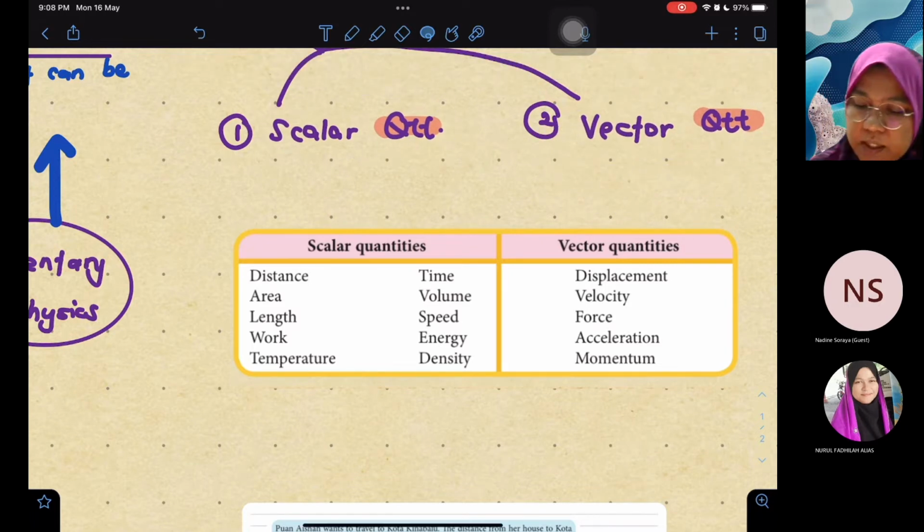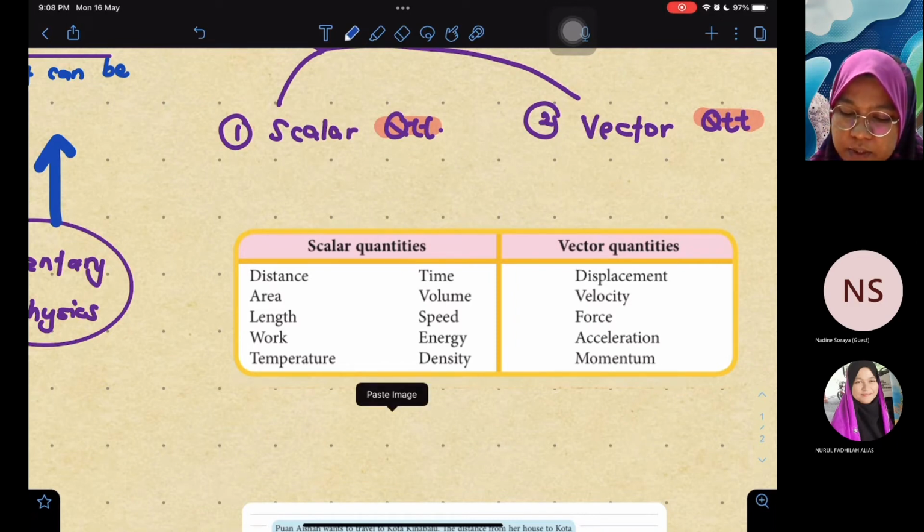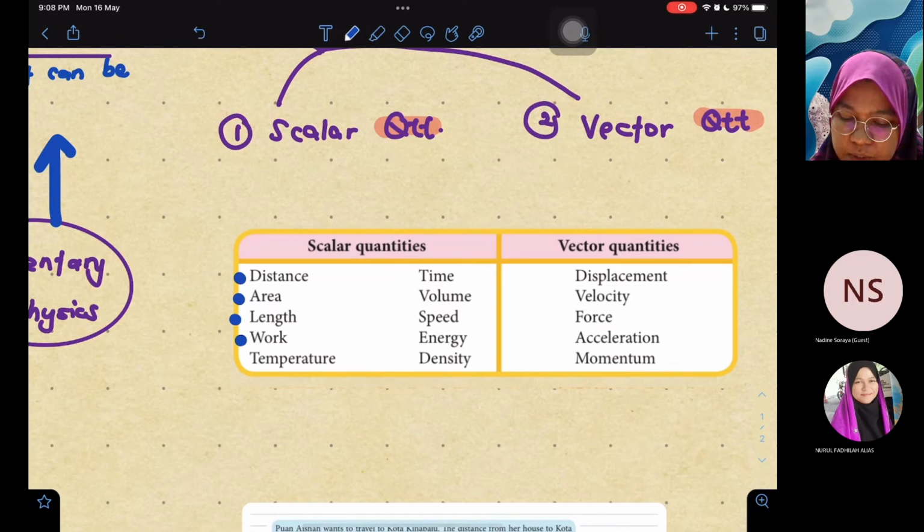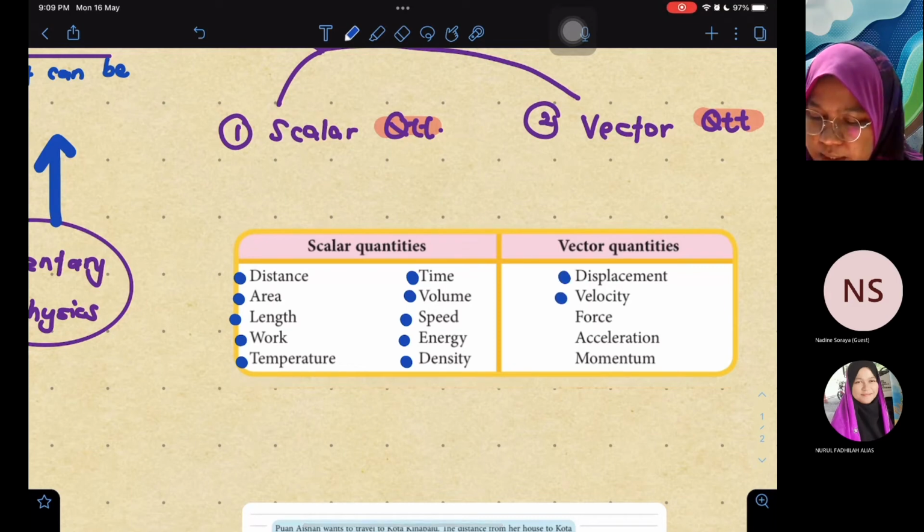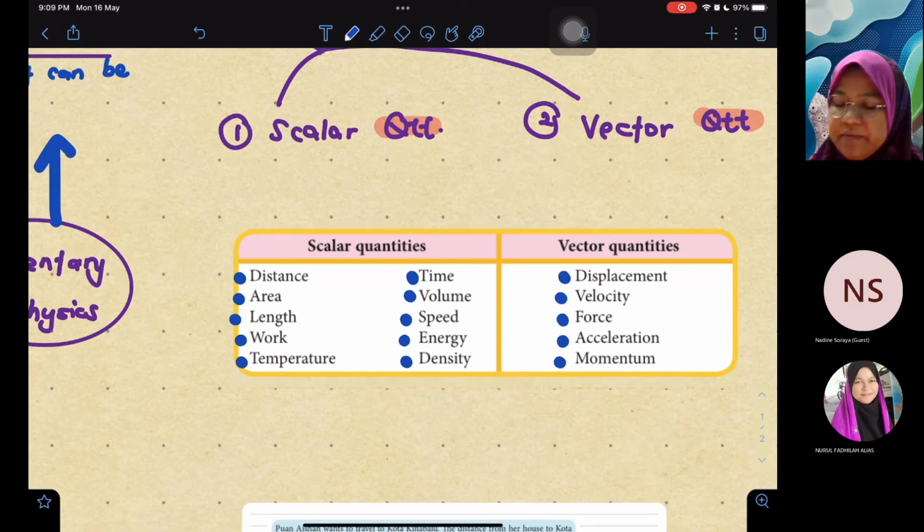Okay, so jadi sini awak kena tengok kalau skala quantity, what are the examples? So tengok, kita ada distance, area, length, work, temperature, time, volume, speed, energy, density and many more. And then vector quantities, ni, these are a few examples of vector quantities and ada yang lain jugalah.